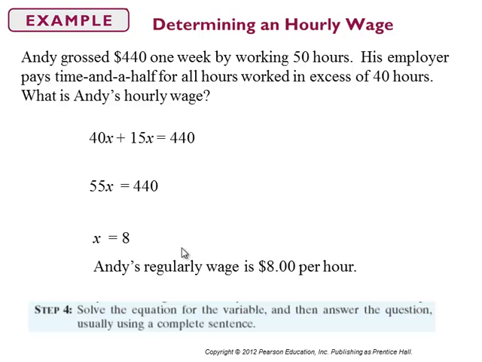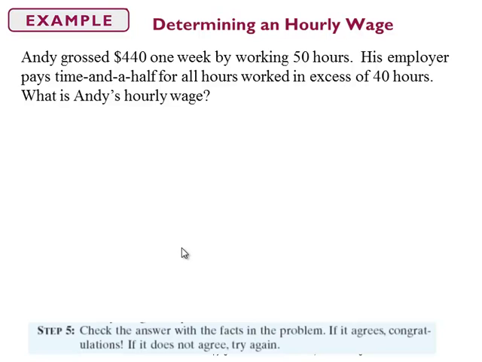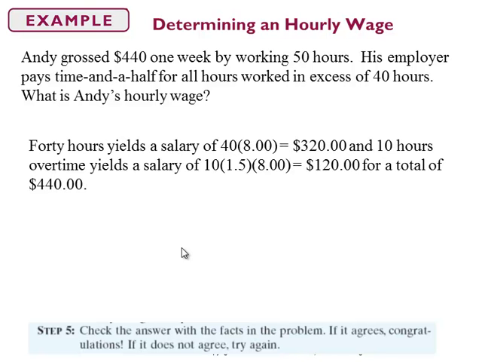Then what we could do to double check our work is to verify that he really should have been paid $440. If he were to work a straight 40 hours, 8 times 40 is 320. And then if he does 10 hours of overtime, now overtime, time and a half, if you take 1.5 times 8, you get 12, right?